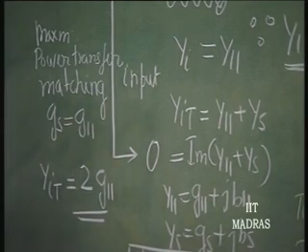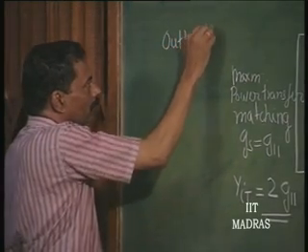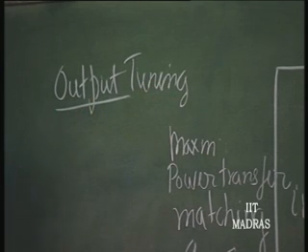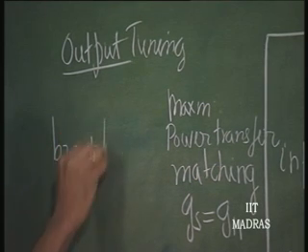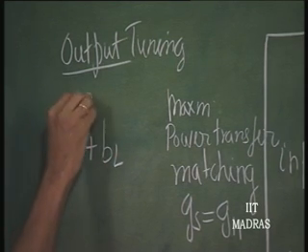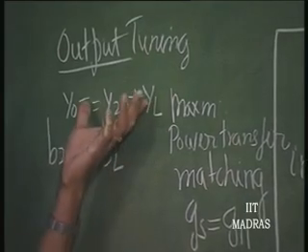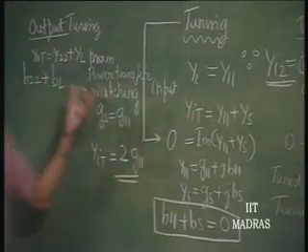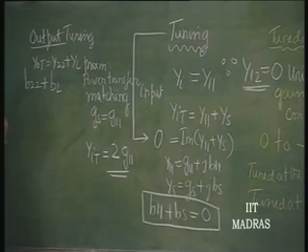Similarly, tuning at the output is to make B22 plus, let us call this BL, the load susceptance, equal to 0. Because Y naught total is Y22 plus YL, the total admittance at the load end, because again Y12 is 0, otherwise it would have been affected by the input admittances.